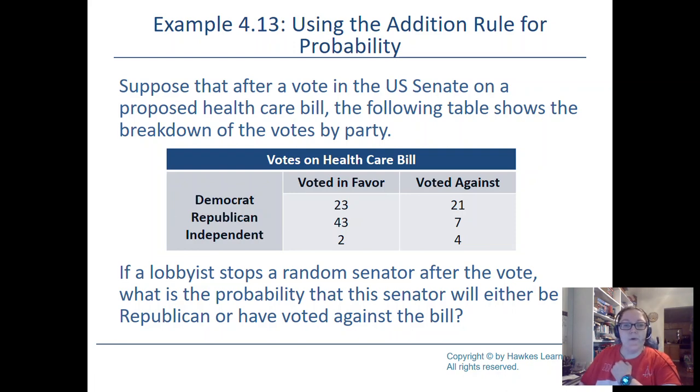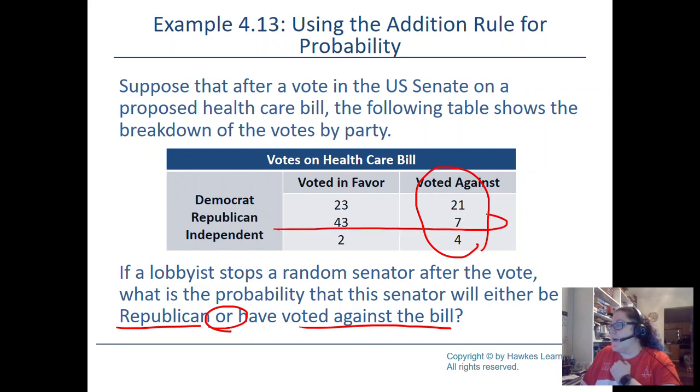Okay, again, noticing in the question itself, that's the part where you have to pay attention to. They're going to be a Republican or have voted against the bill. So these are the people that have voted against the bill. These are the Republicans. And when you start to look there, as you saw, I've actually circled 7 twice.